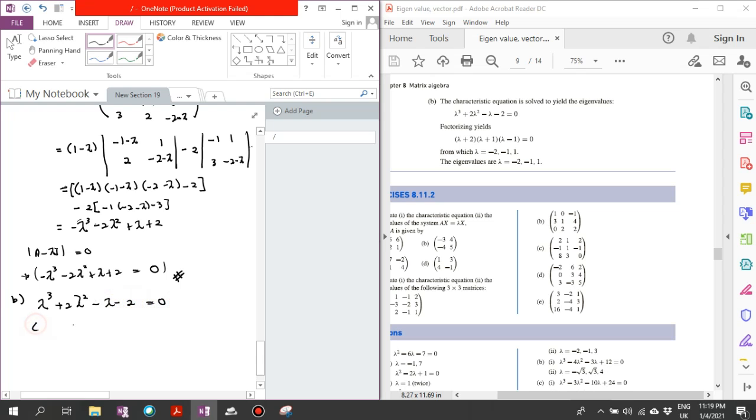So here you can factorize it to become lambda plus 2, lambda plus 1 and lambda minus 1 equal to 0. So automatically you will get lambda equal to negative 2, negative 1 and also 1. So these are the eigenvalues of A.